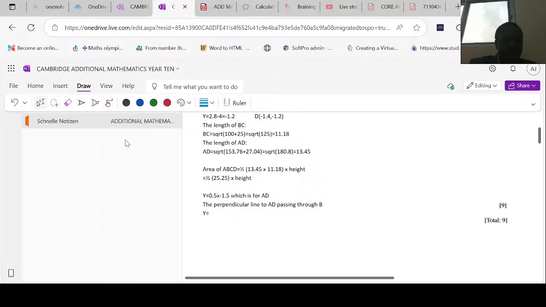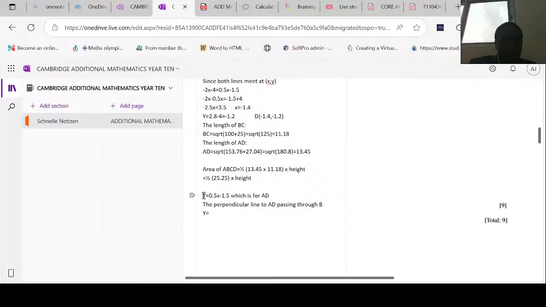I can remove all of this. I'll now say, since CD is perpendicular to what? To AD, and AD is parallel to what?